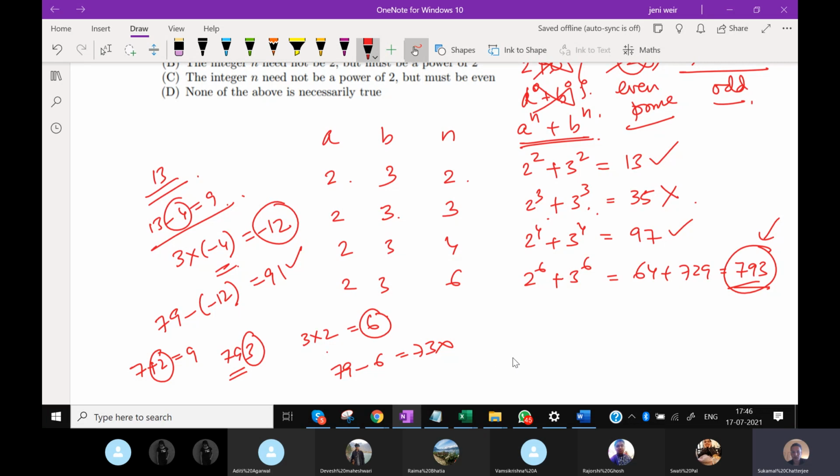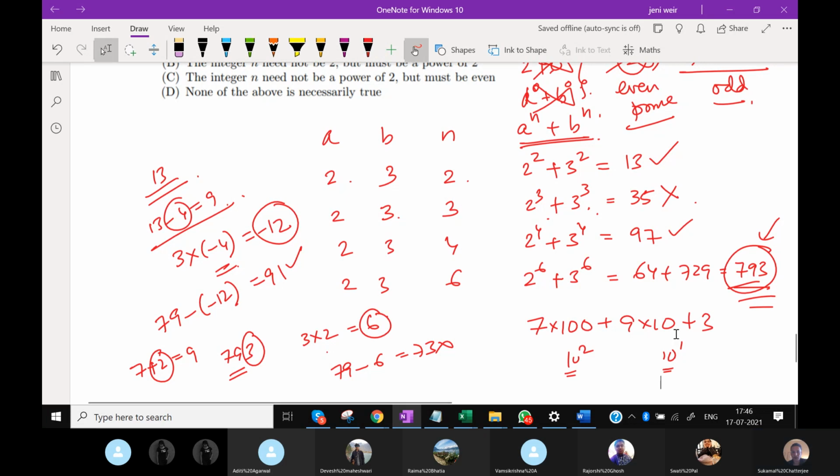The other way to test the divisibility: 793 is 7 into 100 plus 9 into 10 plus 3. So this is 10 square and this is 10 to the power 1. In place of powers of 10, I will replace with powers of minus 3.